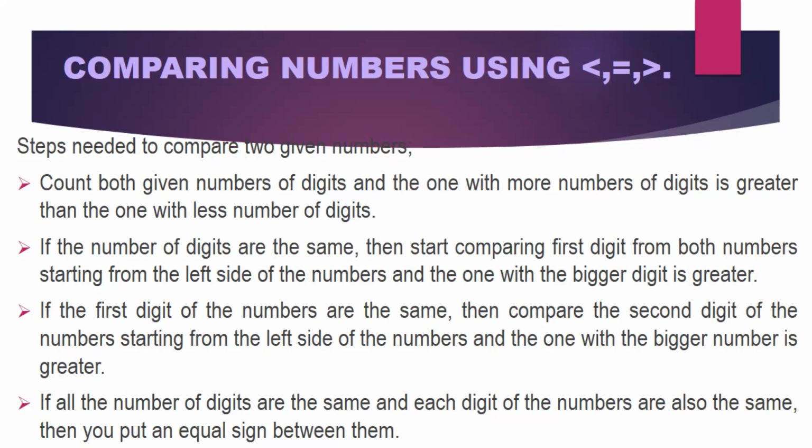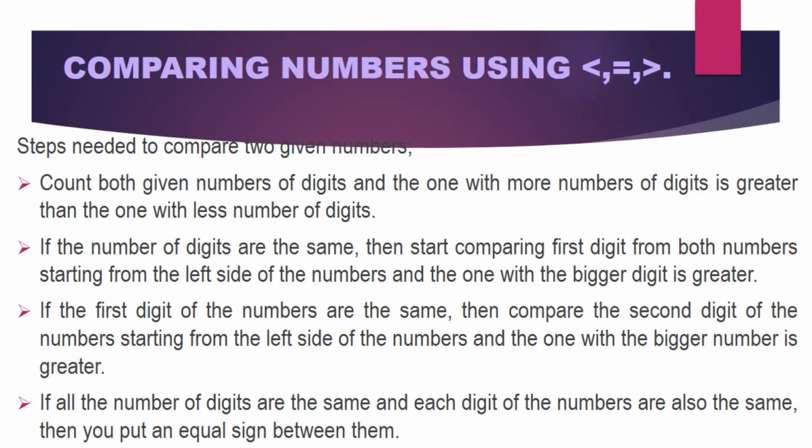When two numbers are given to you to compare, the first rule says what? Count the number of digits. The one with more number of digits is greater than the one with less number of digits.